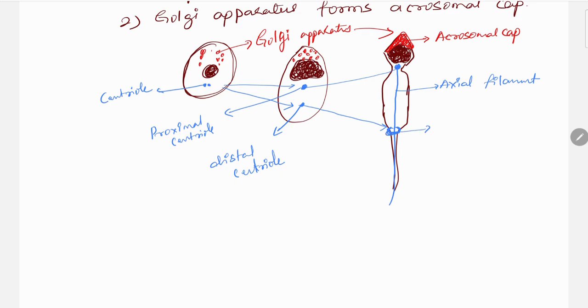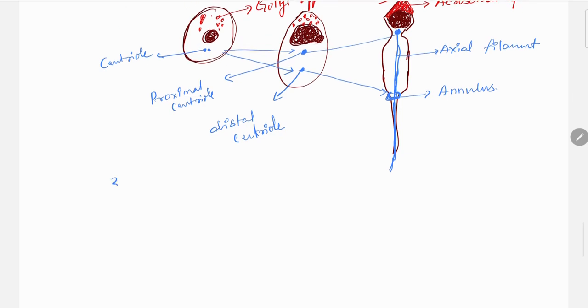Okay, ring-like structure. Can you see this one? And this is the ring-like structure called as annulus, through which the axial filament passes to the tail part. Okay, so this is the third point what we write.